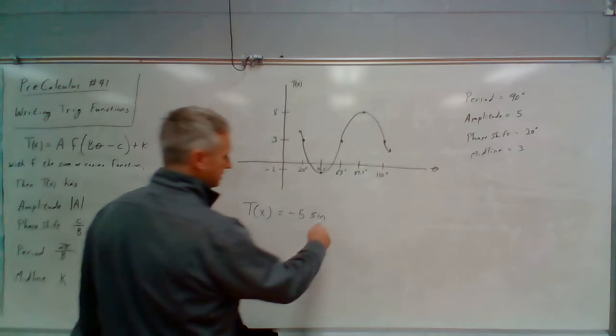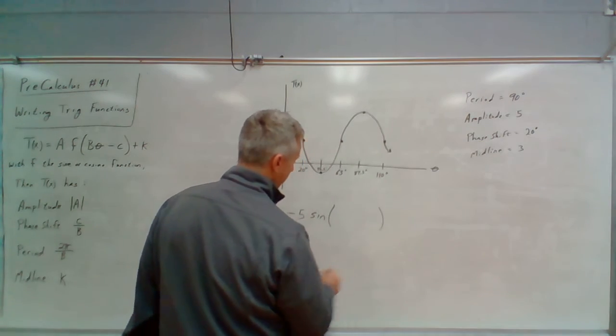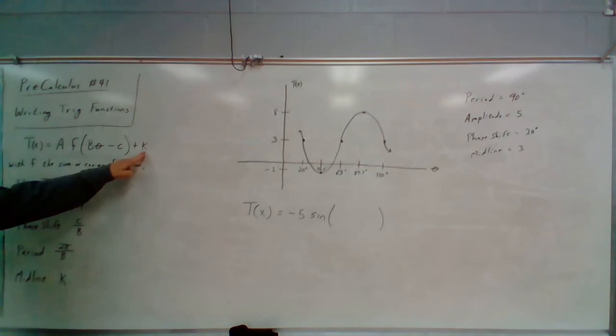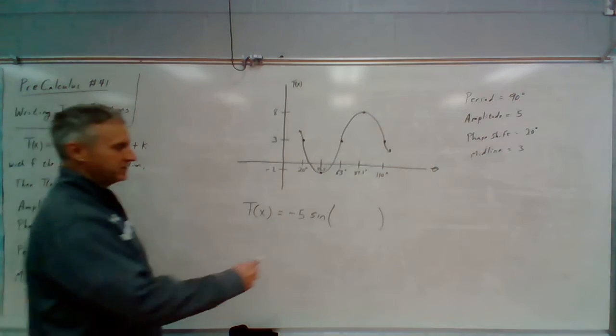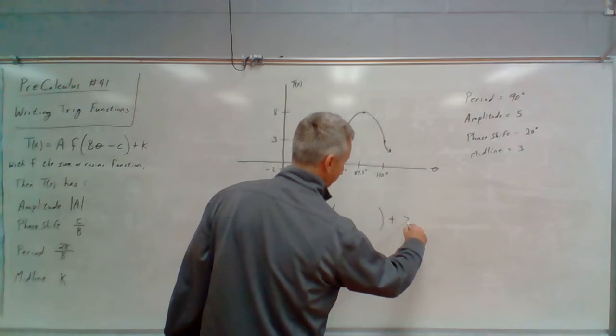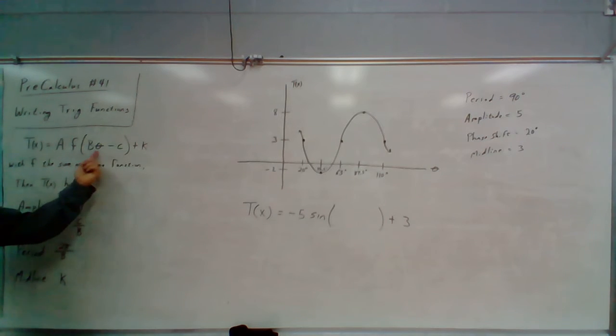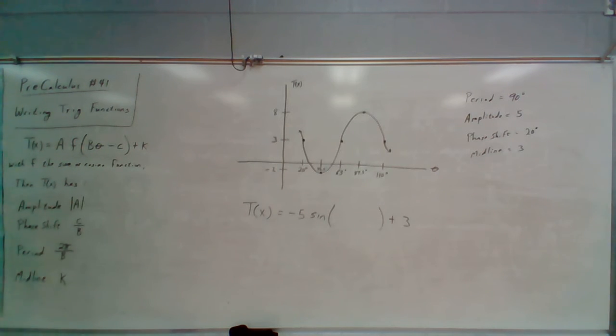So we have sine of something. And the k is really easy. The vertical shift is 3, so we know we're going to have plus 3 out here on the end. All right. So all we need now is this b and this c.